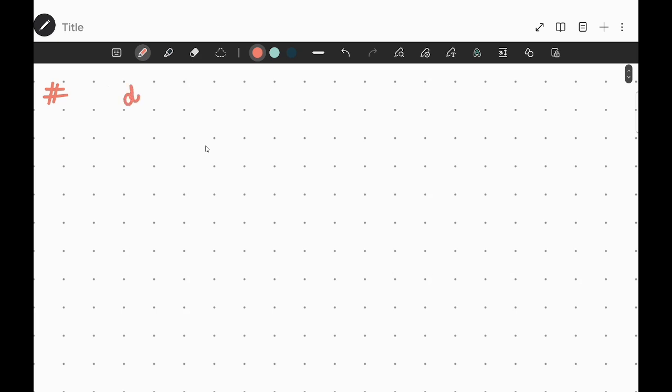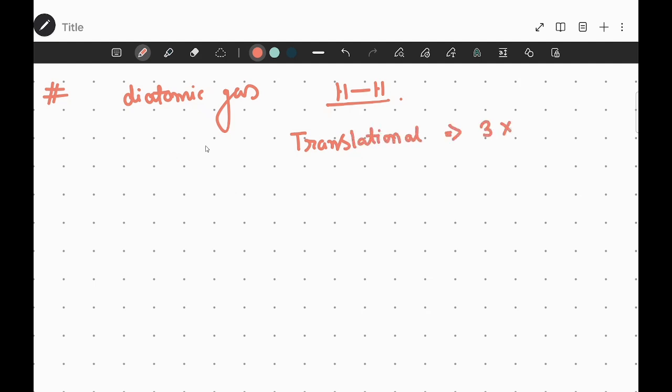It is a diatomic gas. So let's say we can consider H2. H2 is a diatomic gas, right? Now there would be translational motion. Each mode contributes half kBT and there are 3 degrees of freedom for translational mode, so it is 3 by 2 kBT.